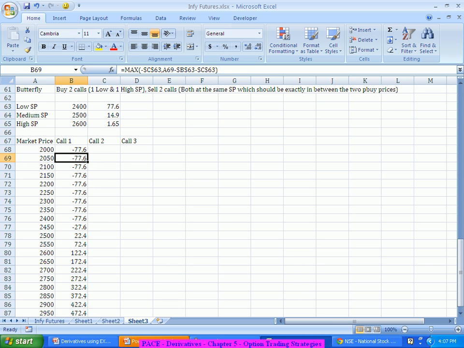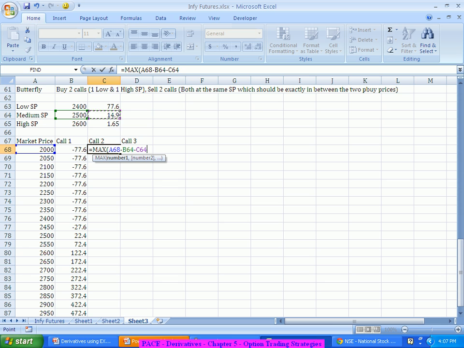Now you can very well execute the same for call 2 and call 3, where I am saying the maximum of market price minus the strike price minus the premium, comma, minus premium.